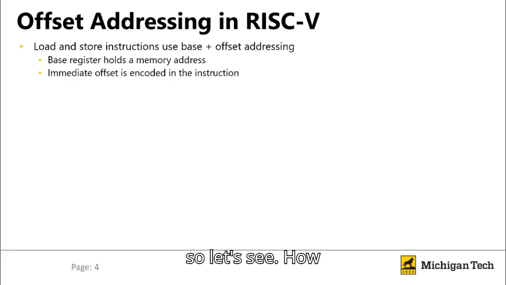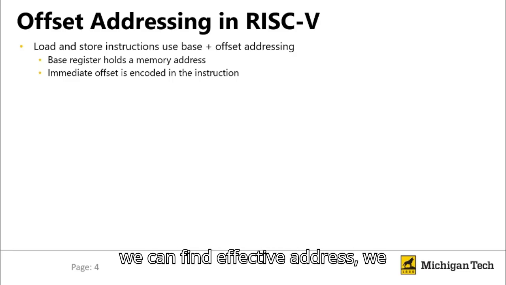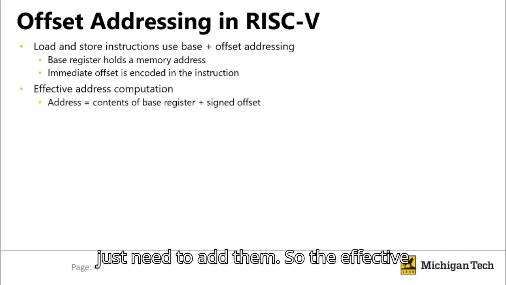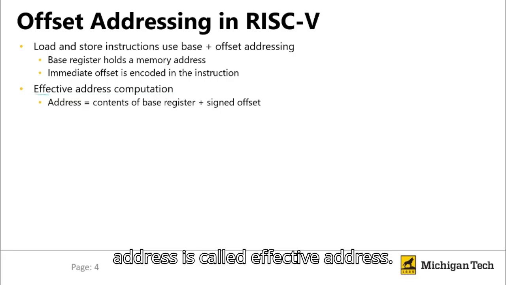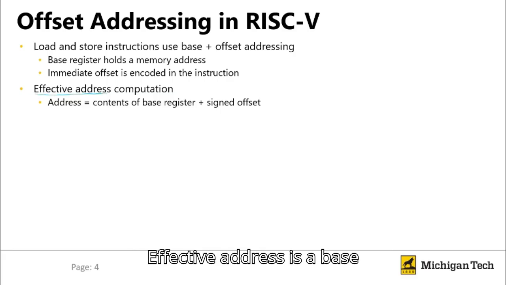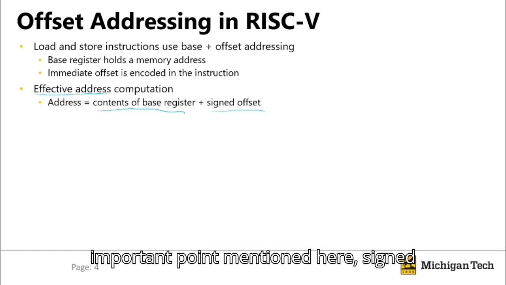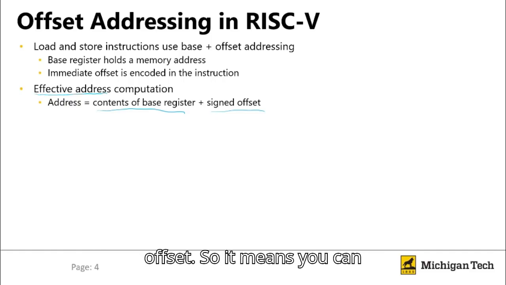Okay, so let's see how we can find the effective address. We just need to add them. Effective address is a base address plus signed offset. One important point mentioned here: signed offset. It means you can jump up and down in memory.